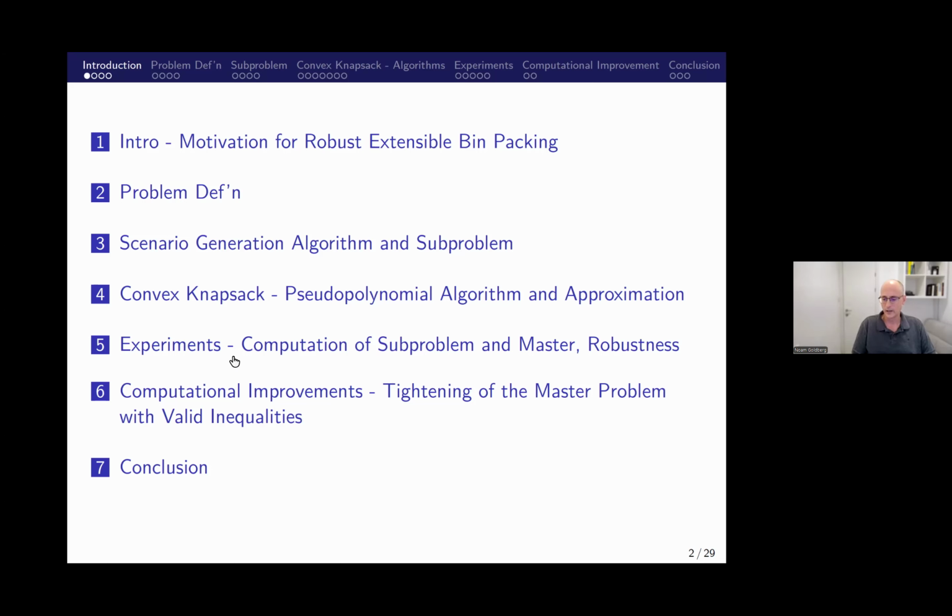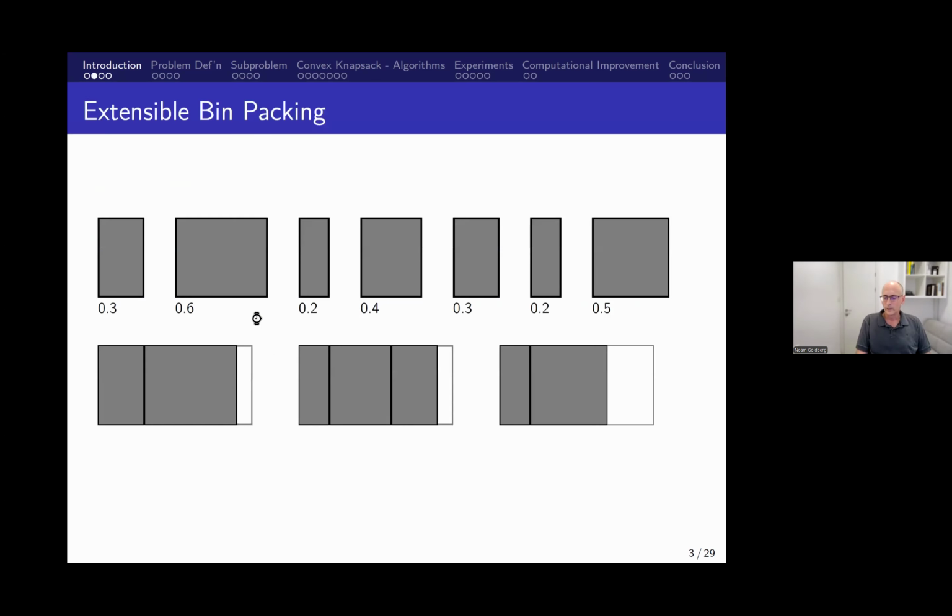Eventually, we'll experiment with these methods for solving the subproblem as well as our original problem. And after looking at some initial experiments, we'll also look at some computational improvements, tightening the first formulation that we start with.